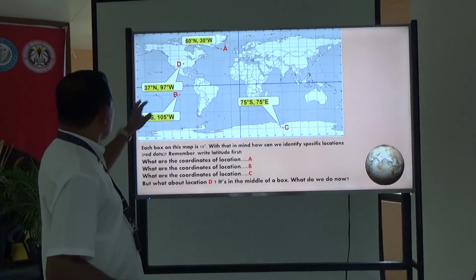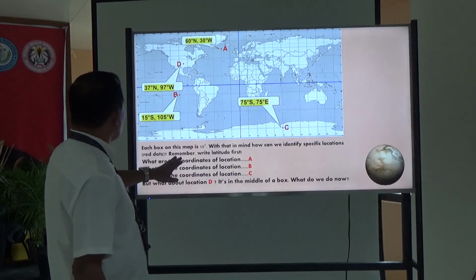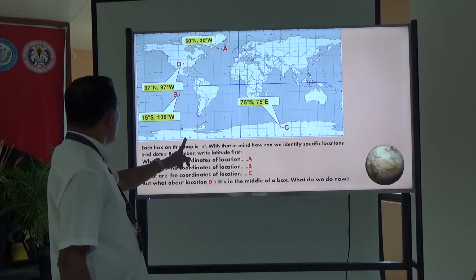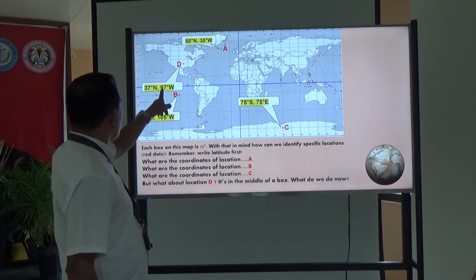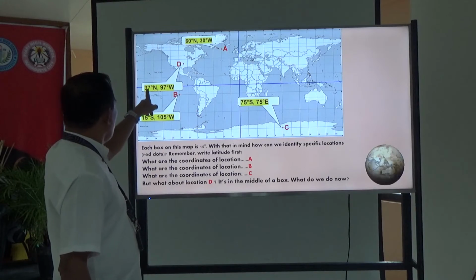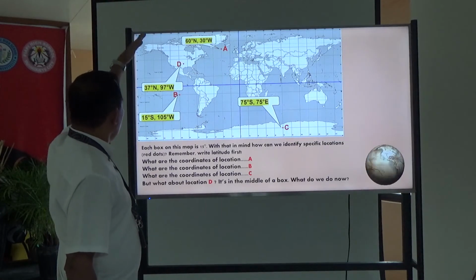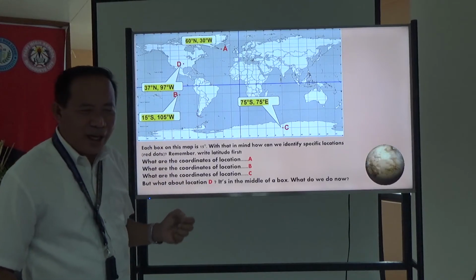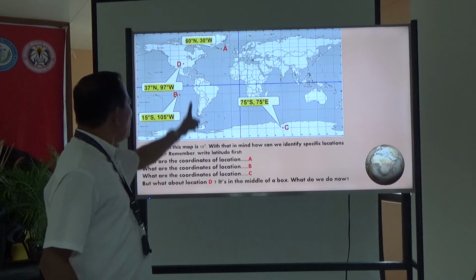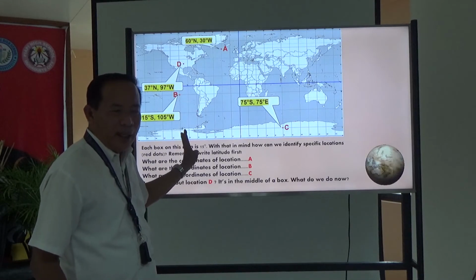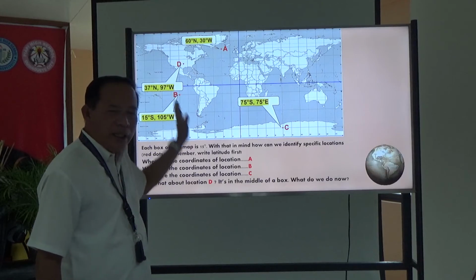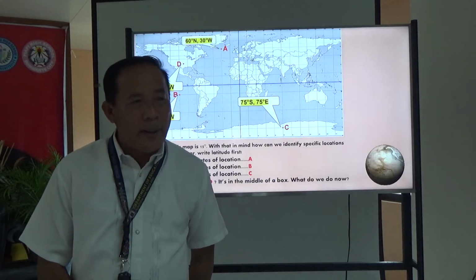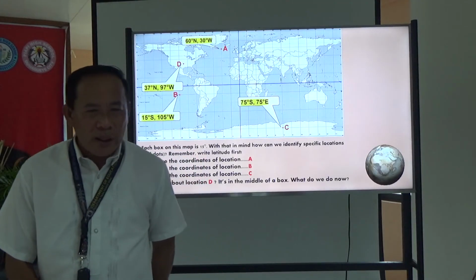So exactly, if this is point D, as I mentioned a while ago, I'm sorry, it's wrong because I estimated about 100, but the very correct answer is only 97.5 degrees south and 37.5 degrees west. Stand corrected if you were not able to get it, because as I said, these are just imaginary lines, and we have only to estimate and calculate the exact number of the latitude and the exact number of the longitude.